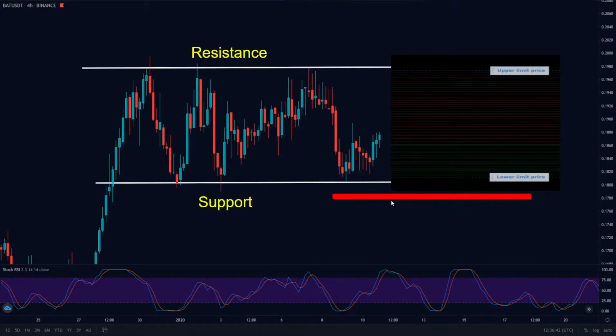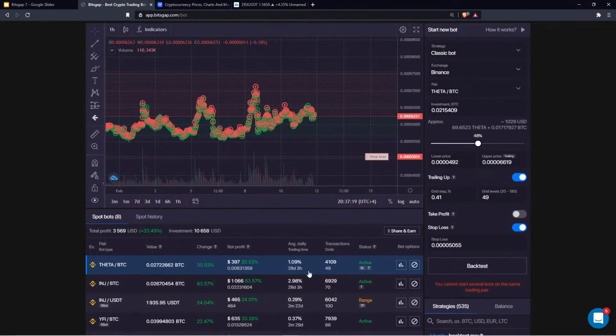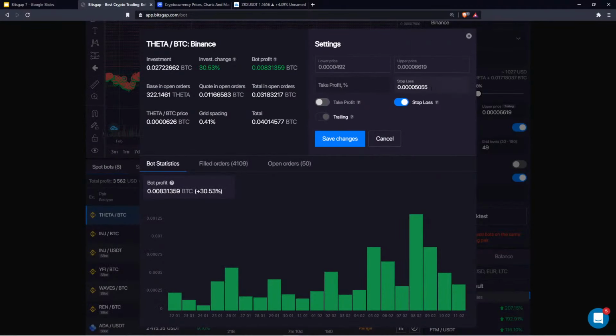In this case, the bot will exit the market by selling all of the base currency that got stuck in this strategy at the time the price reached the stop loss. And that's exactly what you can see over here. For example, for Theta, do I have this stop loss? Yes, I do have it.